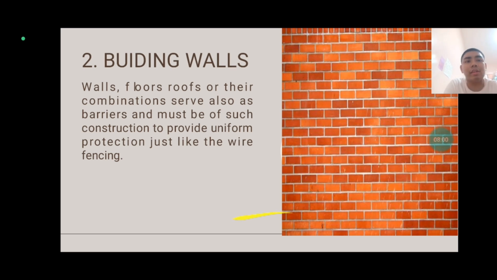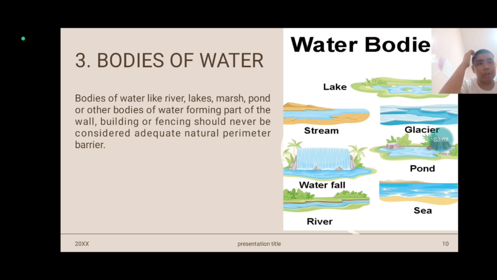So next, bodies of water. Bodies of water like rivers, lakes, marshes, ponds, and other bodies of water forming part of the walls, building, or fencing are never considered an adequate natural perimeter barrier.